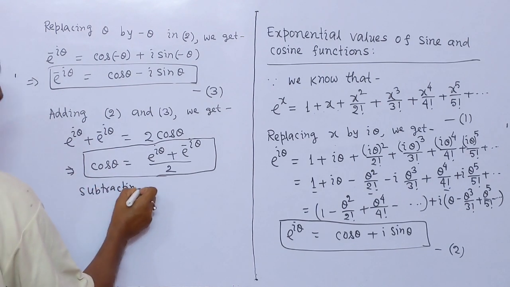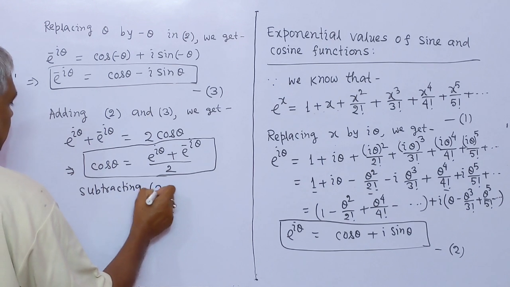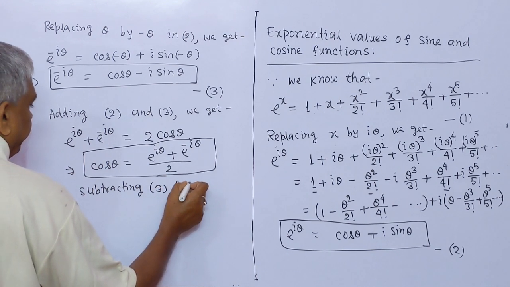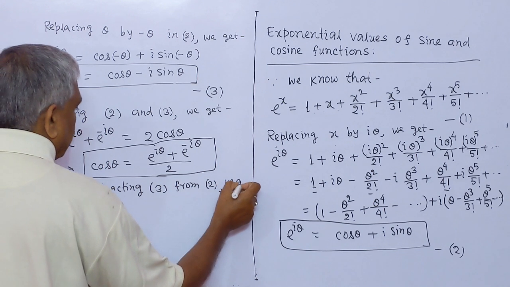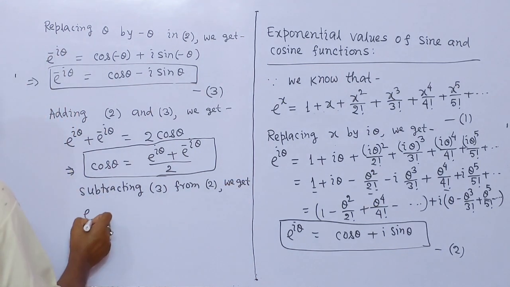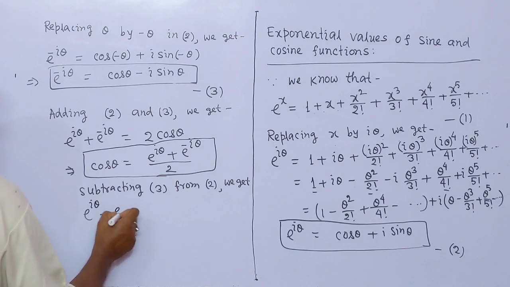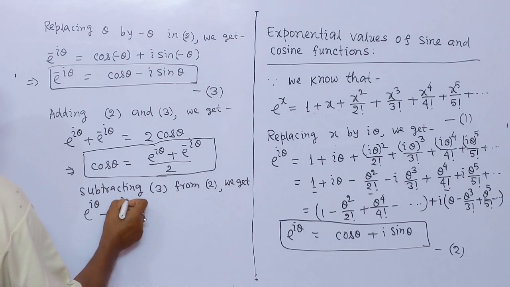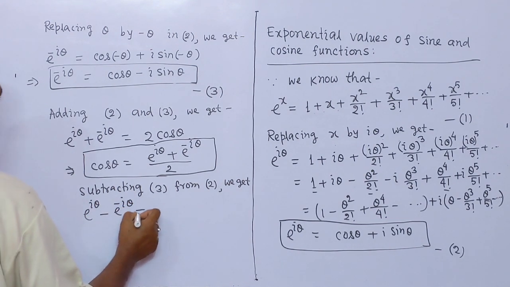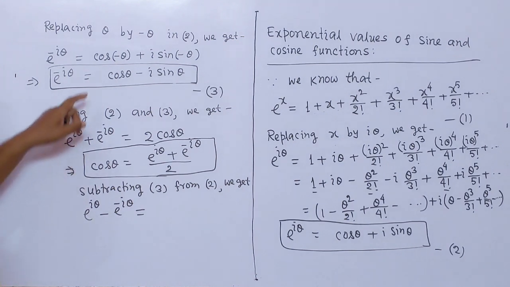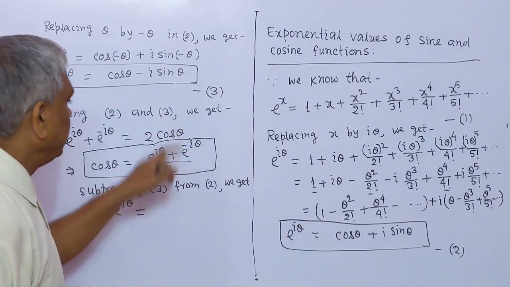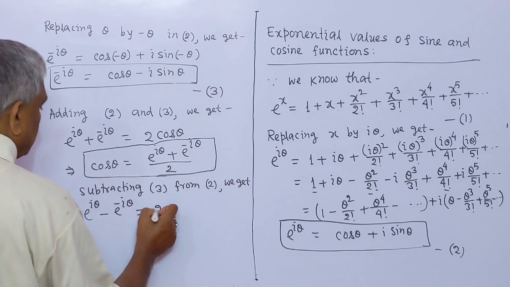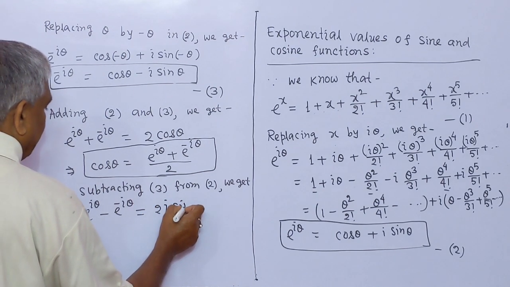Subtracting 3 from 2, we get e to the power I theta minus e to the power minus I theta. This is equal to, here cos theta cancel, remains 2I sin theta.